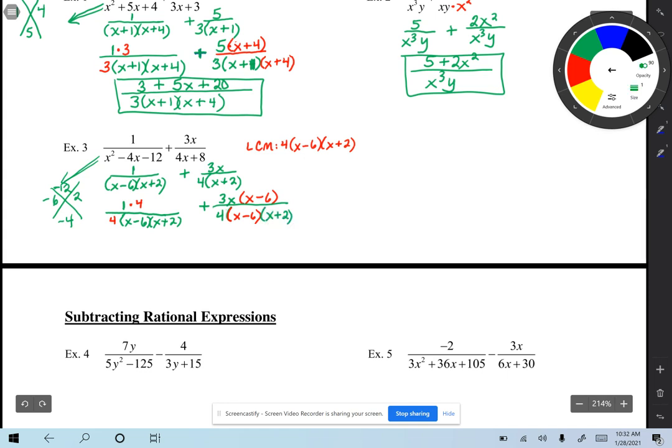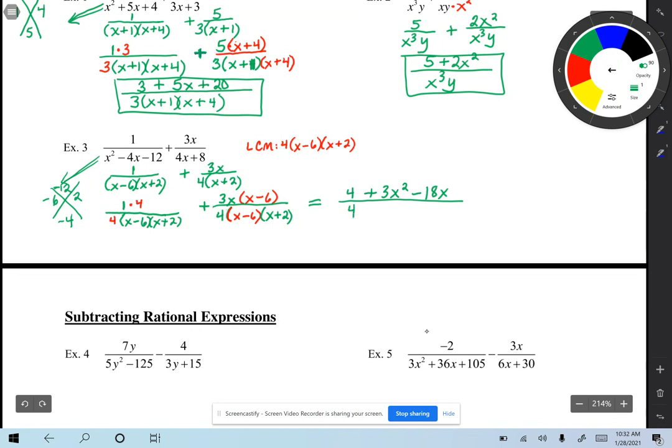And now the denominator has everything it needs to have the least common multiple. And now we're going to combine the numerators. So 1 times 4 is 4, plus 3x squared, I'm going to distribute, minus 18x, all over.